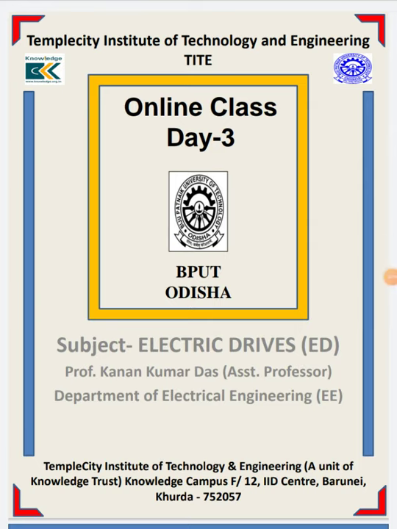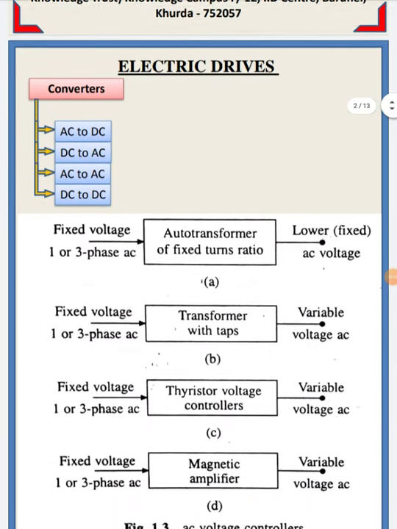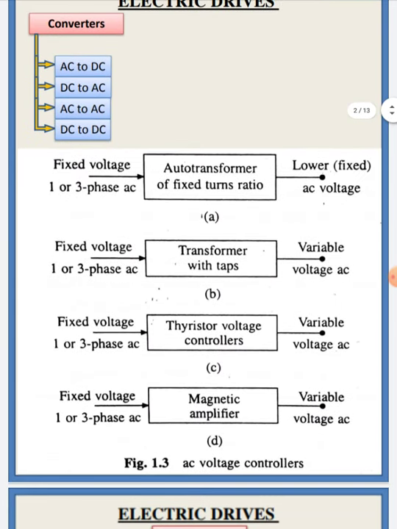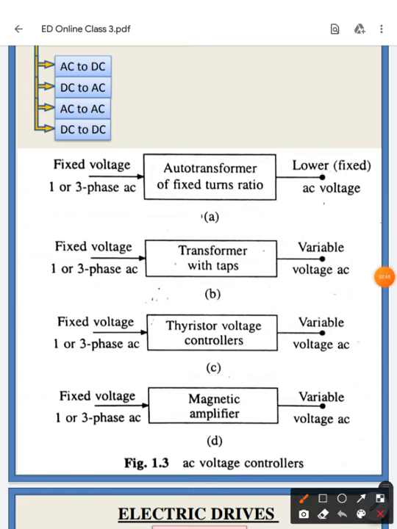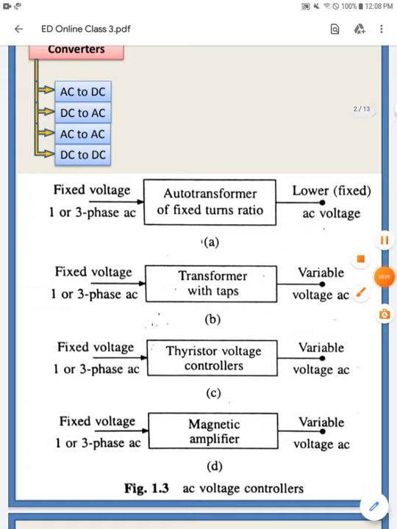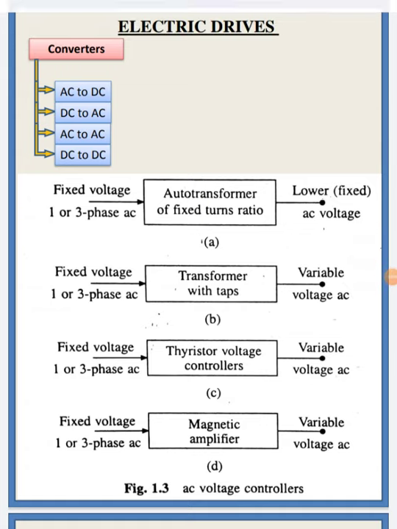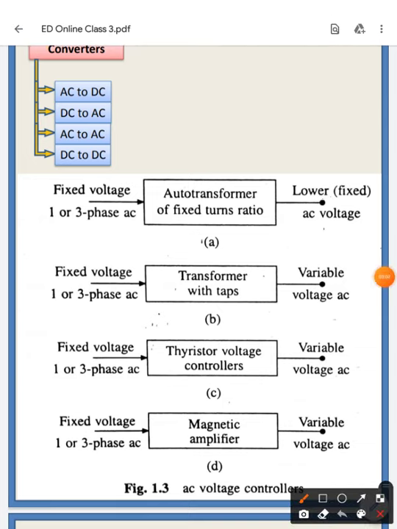Today we shall go for the third part, AC to AC conversions. In this type of conversion, the input voltage is a fixed AC voltage, which may be single phase or three phase.